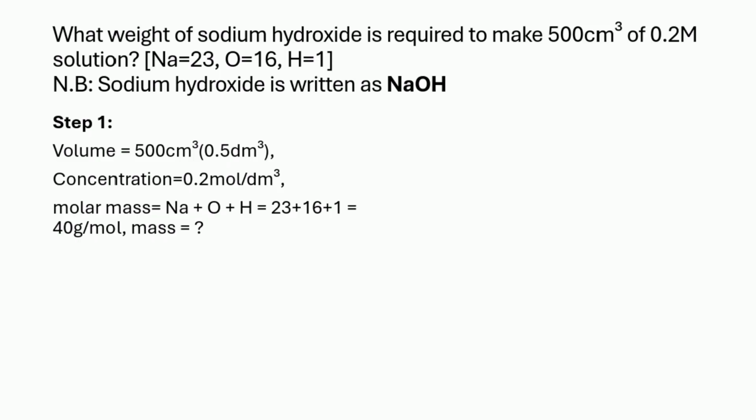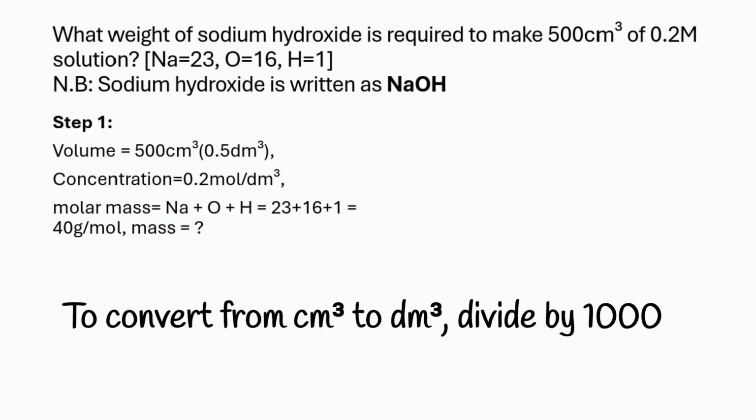When it's not given in dm cube, you have to change it to dm cube so that it tallies with the other units. Remember, your concentration is mole per dm cube, so it won't give you the correct answer if your volume is in cm cube. To convert from cm cube to dm cube, you simply divide by 1000. So these are the parameters we are given.